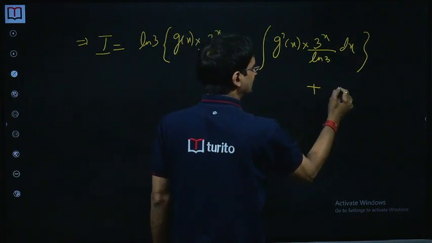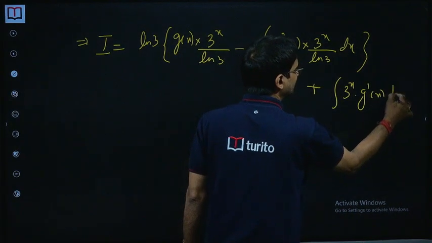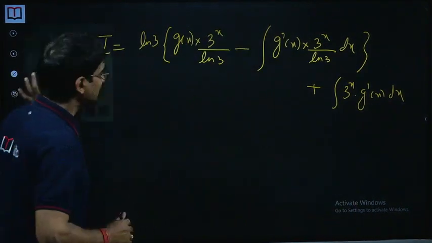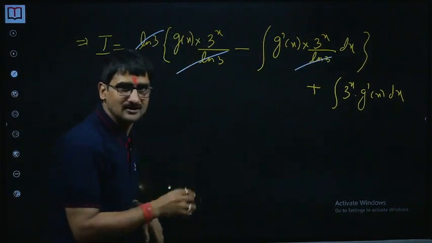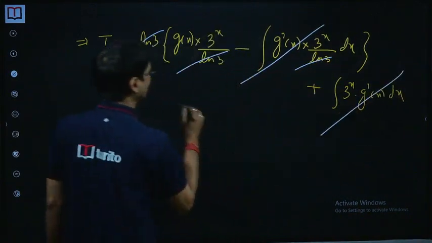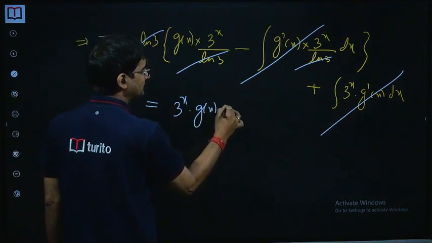And then you have the second term, which is 3 raised to the power x into g dash x dx. Now look at it carefully. If I take ln 3 inside, this gets cancelled. Now this is gone, so it's simply 3 raised to the power x into g of x, of course, plus c.